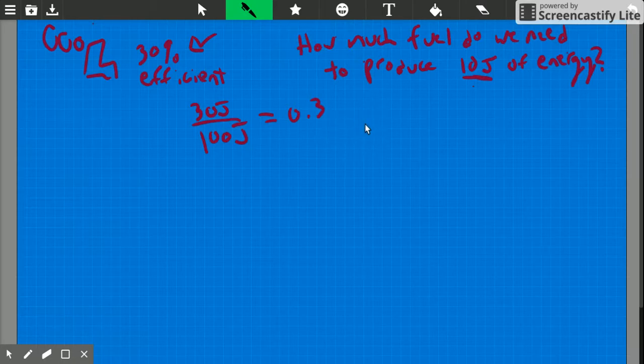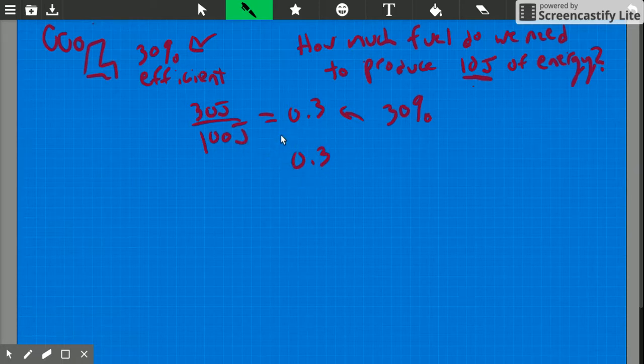And we oftentimes express these decimal numbers as a percent by multiplying them by 100. So this ratio being equal to 0.3 corresponds to 30%. So basically, this 30% is saying that 0.3 is equal to the ratio of useful output energy to the initial input energy. Okay, so 0.3.